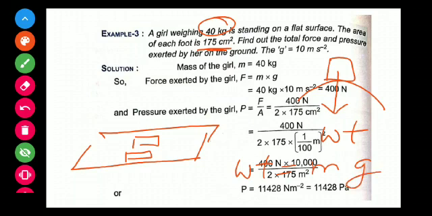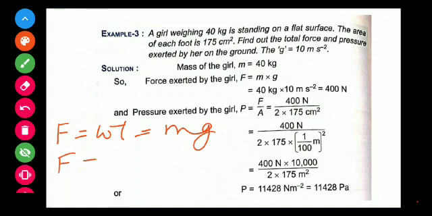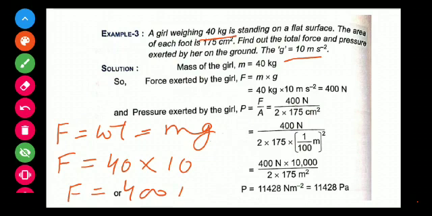Mass is 40 kg. Value of g is 10 meter per second square. Therefore, force is equal to 400 Newton. This is your force. You have to find pressure.